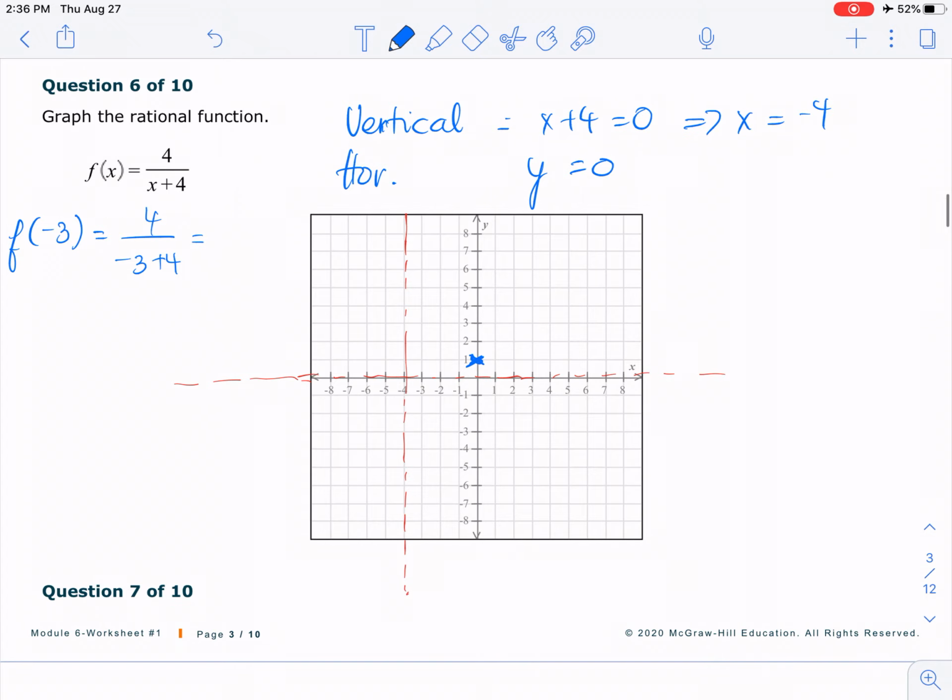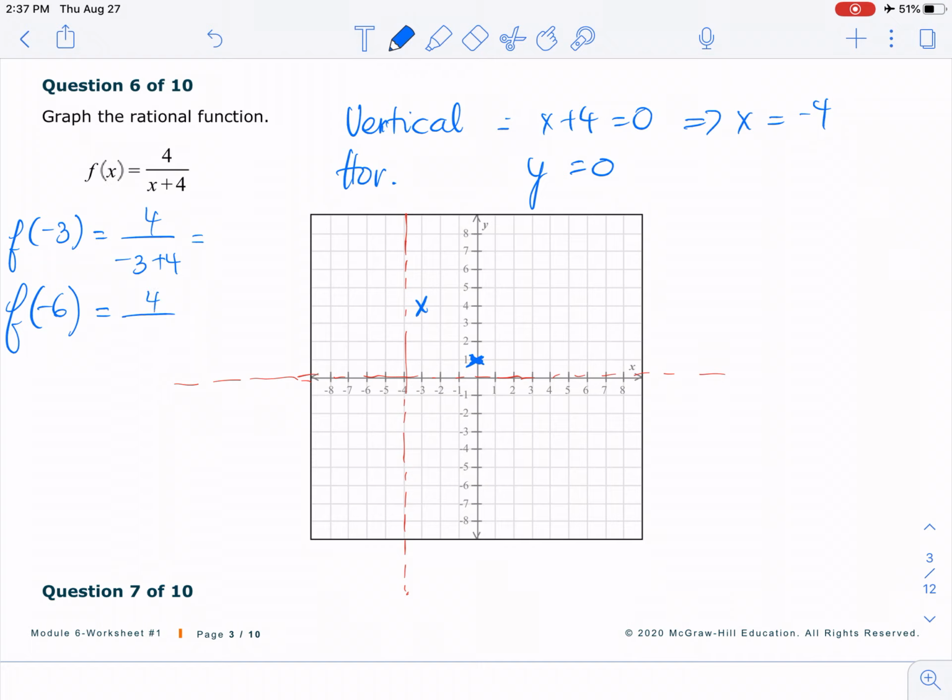So at negative 3, we have 4, so it's right here. And then we can pick somewhere around here. I'm going to pick negative 6. So f of negative 6 is going to be 4.